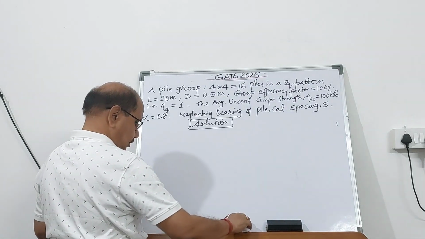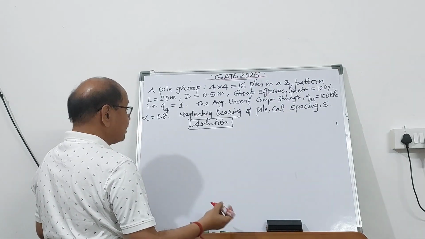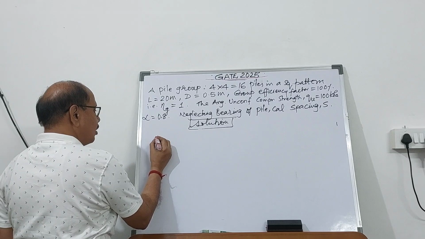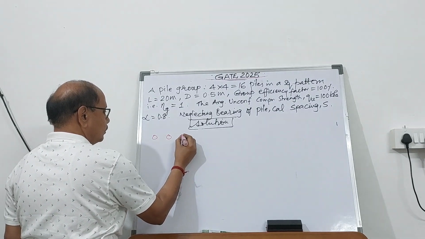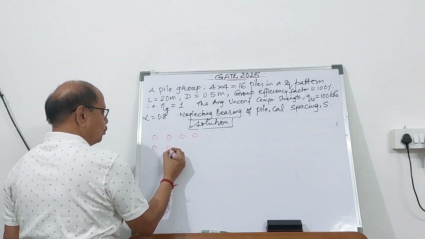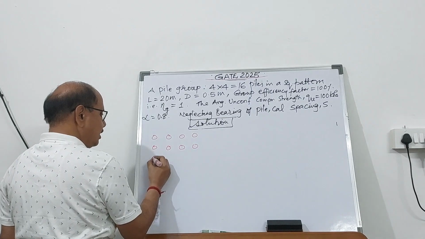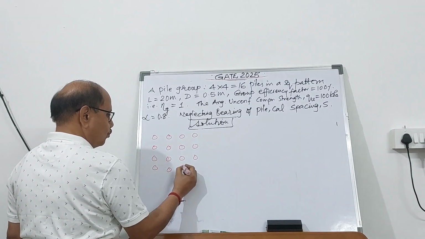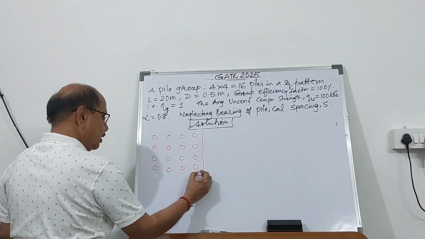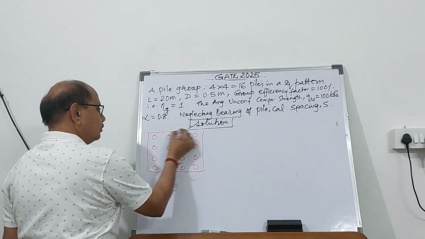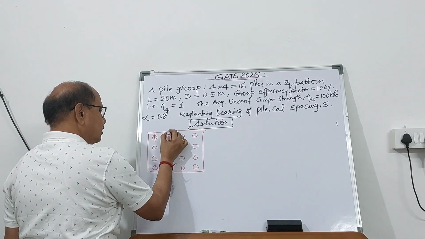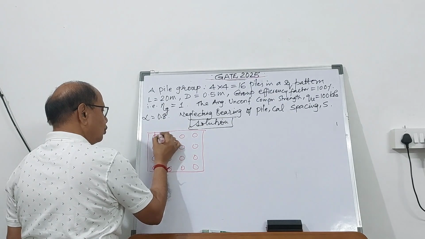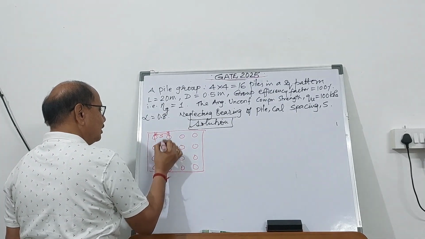How many piles are there? Total 16 piles in a square pattern, 4 by 4. The center to center distance is going to be the spacing.